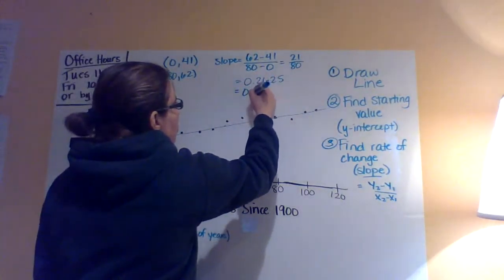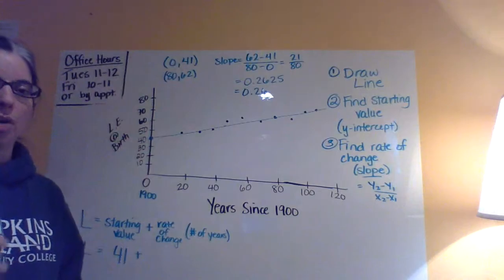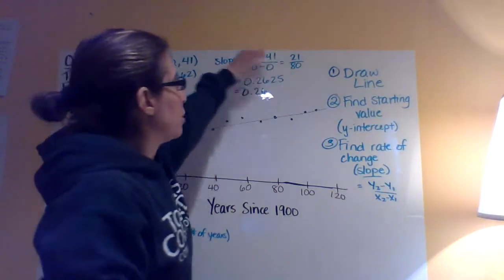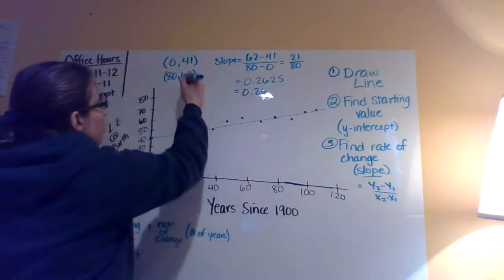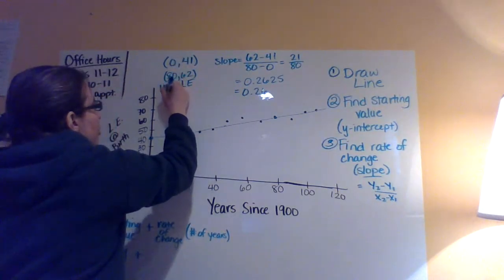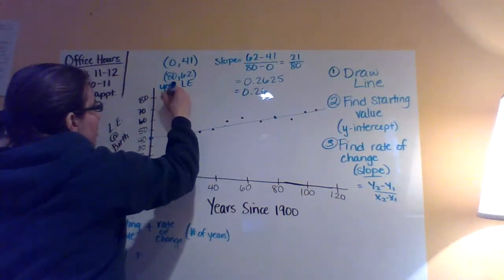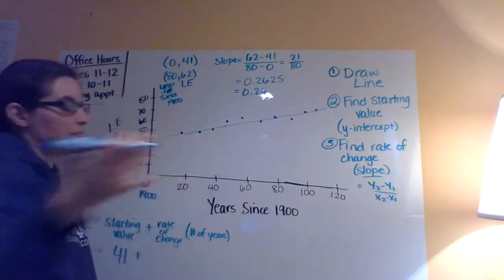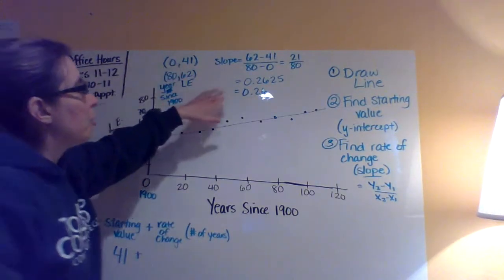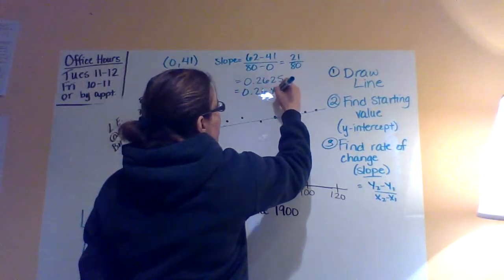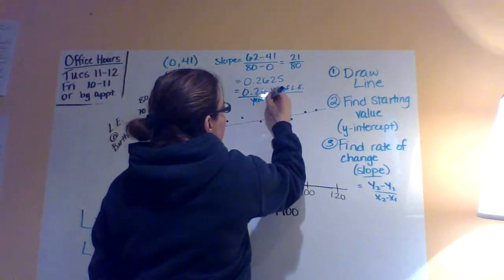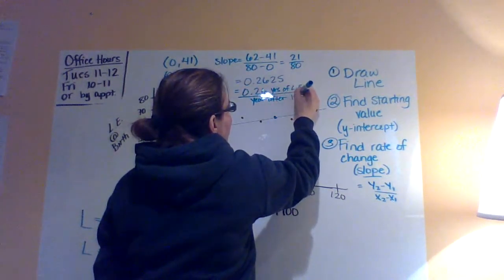Now, rate of change or slope, I want some units on there. I want to know it's this 0.26, this per this. So think about your units. Your y values, this was the life expectancy, and this was the year of birth. Well, this is really the years since 1900, but it essentially leads us to the year of birth. So this is my y. So 0.26 years of life expectancy for every year after 1900.